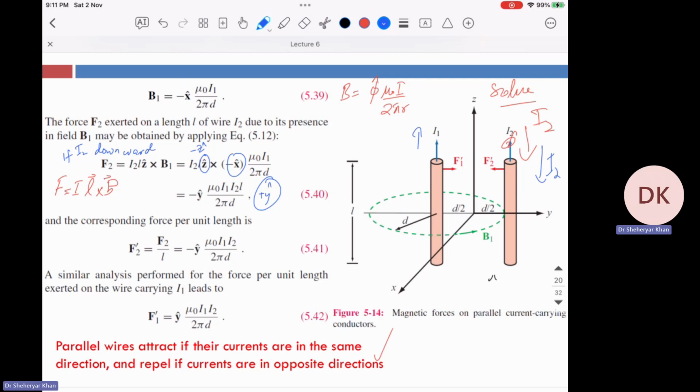One goes right and another also goes right. So they will repel.